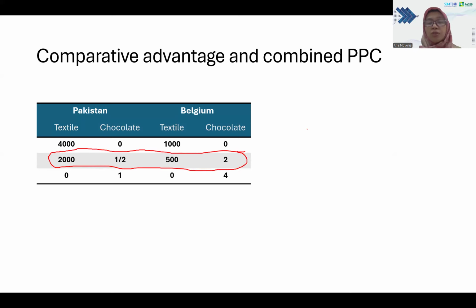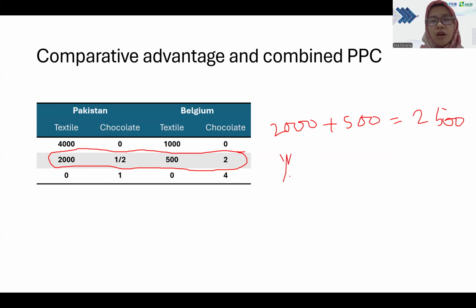Together, without trade, they can consume 2,000 yards of textile plus 500 yards of textile, so 2,500 textile. And they consume half plus 2 tons of chocolate.